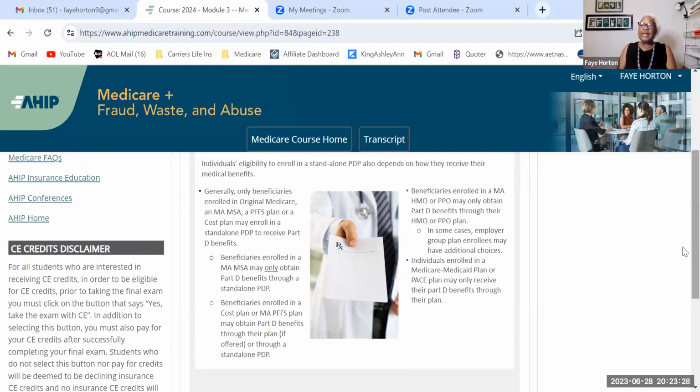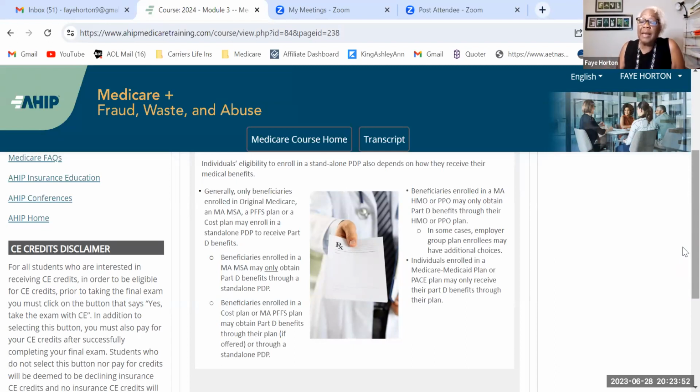Beneficiaries enrolled in an MA HMO or PPO may only obtain Part D benefits through that HMO or PPO plan. They cannot have a standalone prescription drug plan. In some cases, employer group plan enrollees may have additional choices.